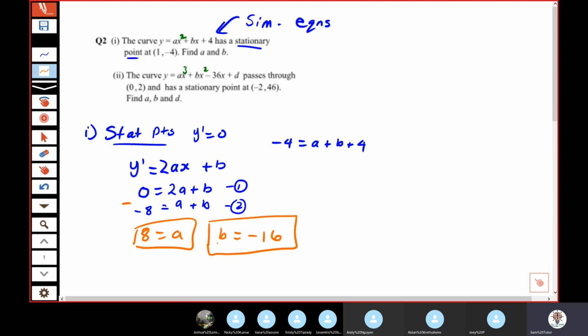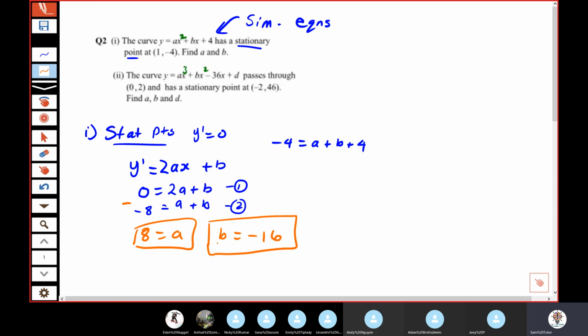No? Do you want to try double I? Yeah, just try it. Okay, well, let's talk about it real quick before you guys do it. Let's read. The curve passes through. What do we do? Sub in. Good. We're back. And has stationary point. What do we do? y dash equals 0.